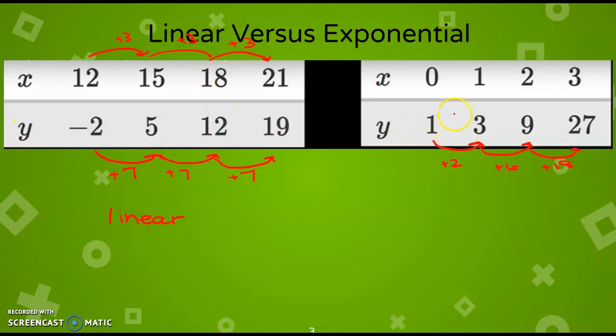Instead, we notice that the pattern is that I am multiplying by 3 every time. Okay, so when I have a constant change by multiplication, or a constant ratio, then I know that that is exponential.